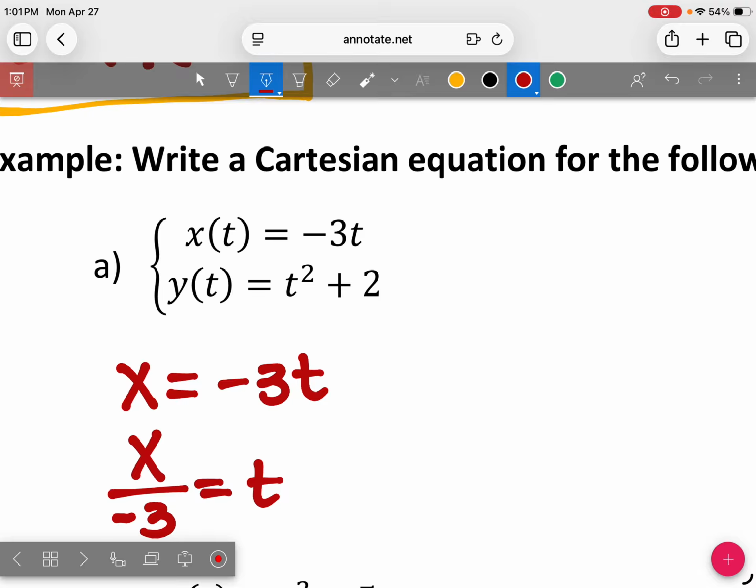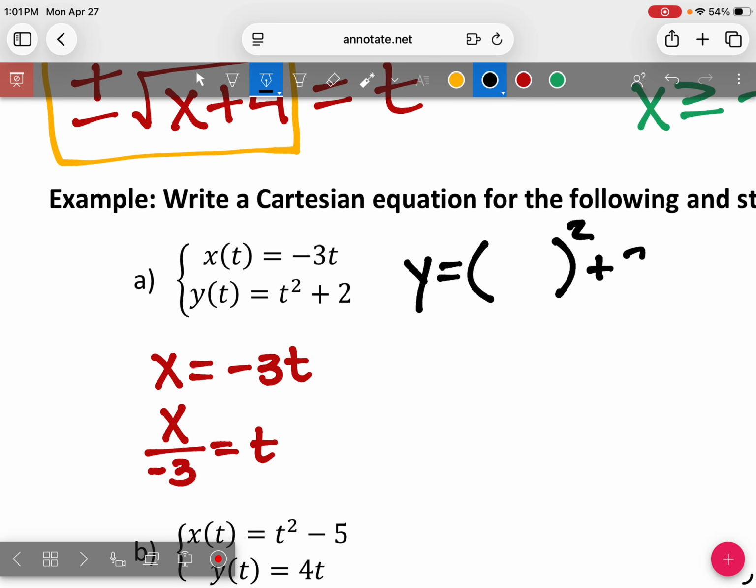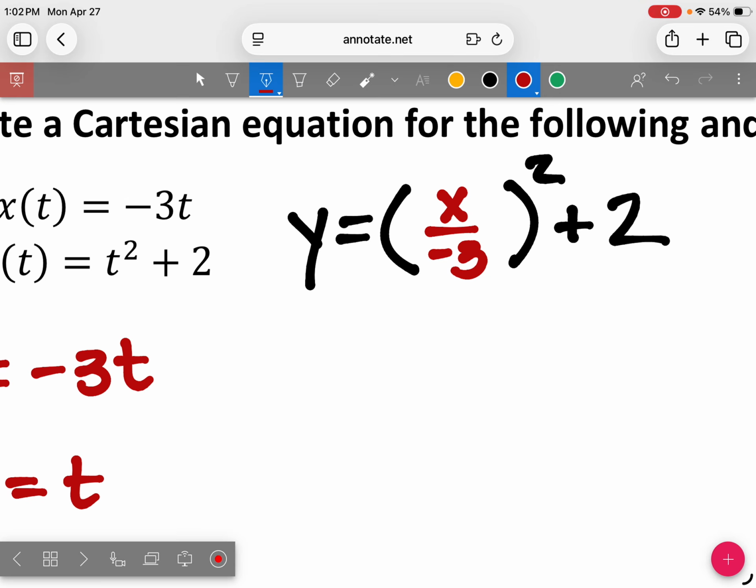And now my y equation, y says t squared plus 2. So I'm going to put that in the parentheses, this x over -3. Now this one can simplify. I can square x and -3.